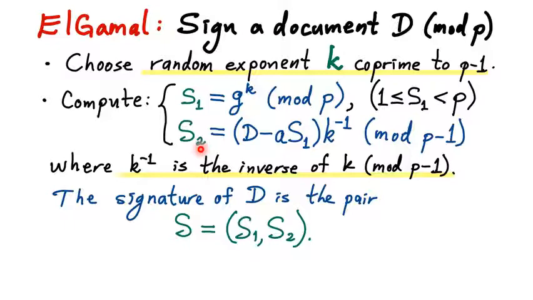But algebraically, the fact that we're rather arbitrarily choosing to represent things modulo p with integers in the range from 1 through p makes a big difference from an algebraic point of view. And as I said here, k inverse is the inverse of k modulo p minus 1. And the signature of the document D consists of the pair S1 and S2.